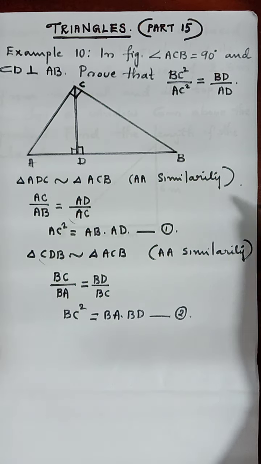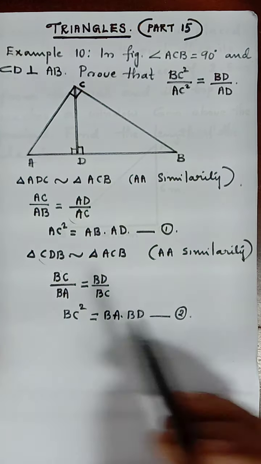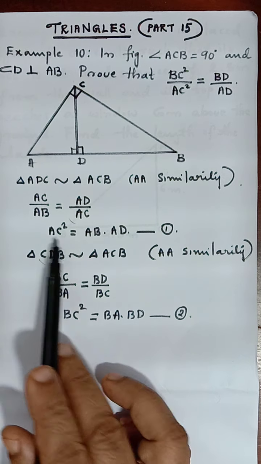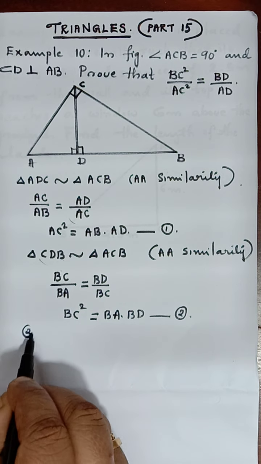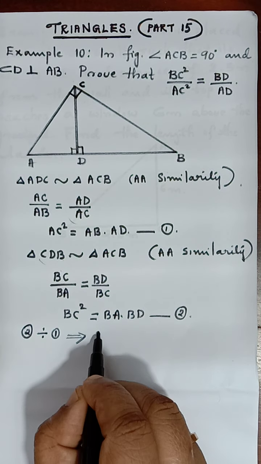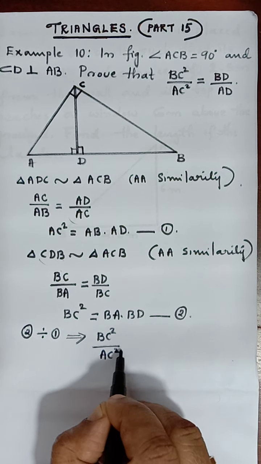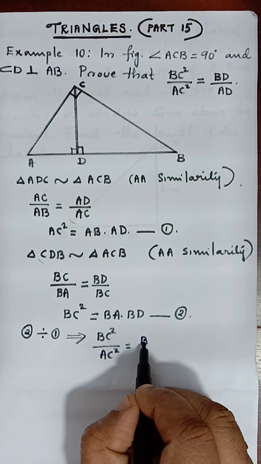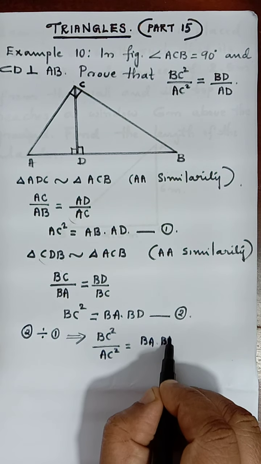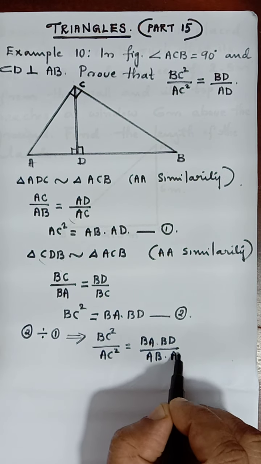In order to get the answer, we know we have to divide BC square by AC square. That is second equation by first equation. Equation 2 divided by equation 1 implies BC square by AC square equal to BA into BD divided by AB into AD.